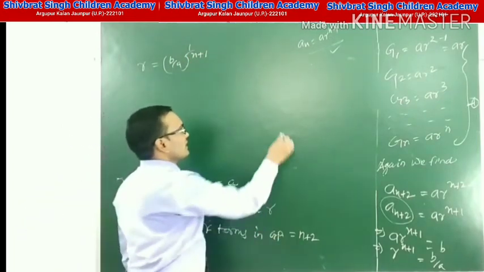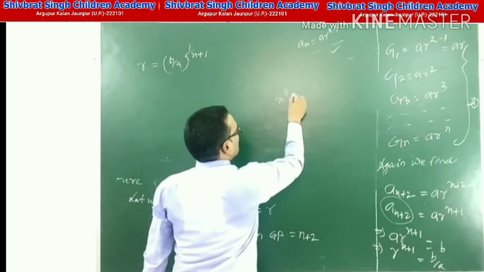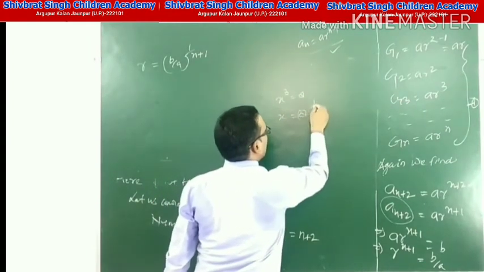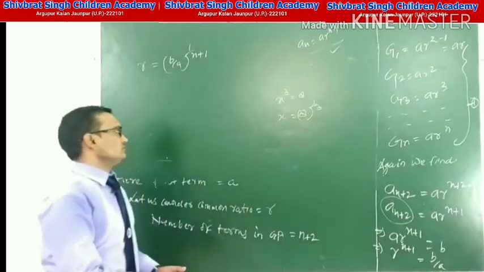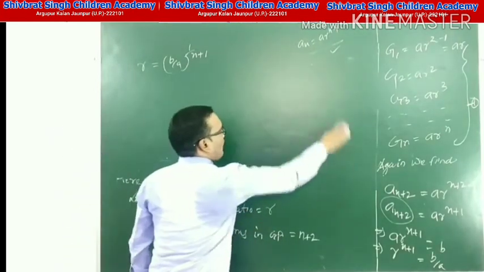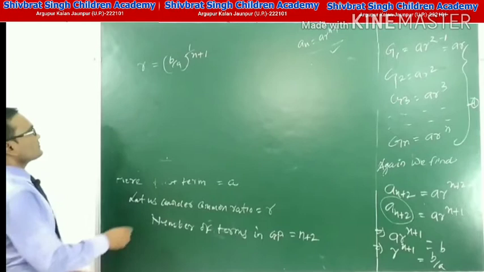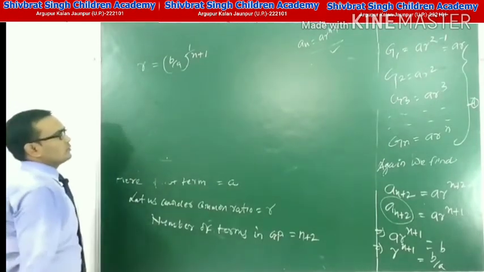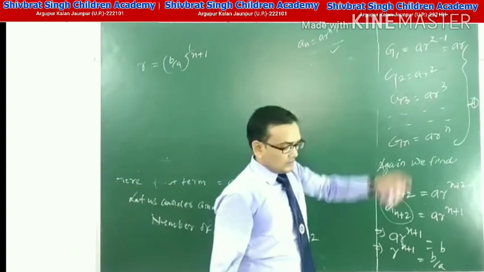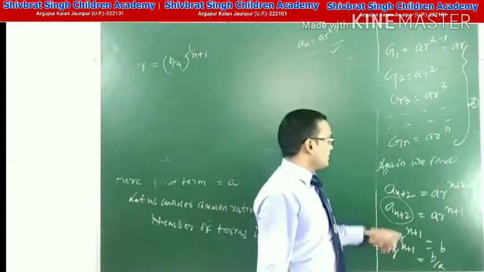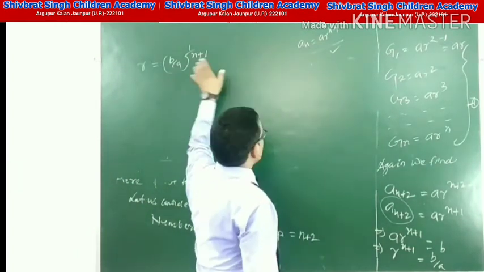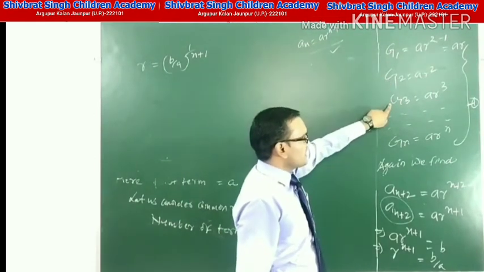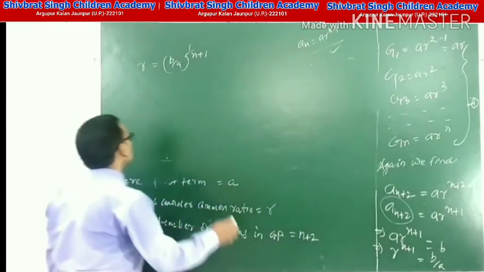That means if x cube equals 8, then x equals 8 to the power 1 by 3. Put the value of r in 1, we get the values of G1, G2, G3, Gn, and so on.